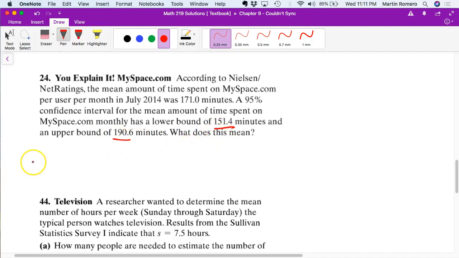What does this mean? This means we are 95% confident. What are we confident of?